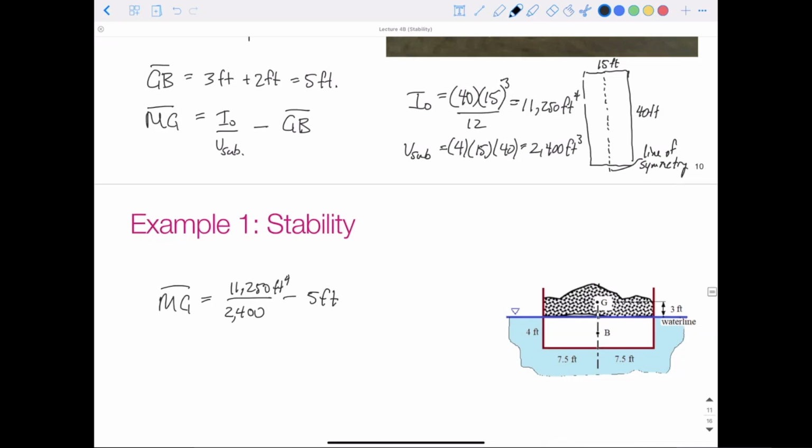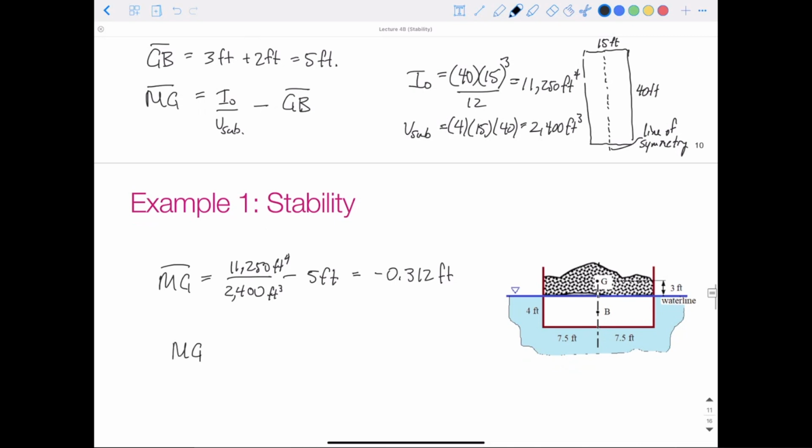And this would be feet to the power of 4 over feet cubed. And our final answer would be negative 0.312 feet. So MG is less than 0. So this barge is piled too high. It's unstable.